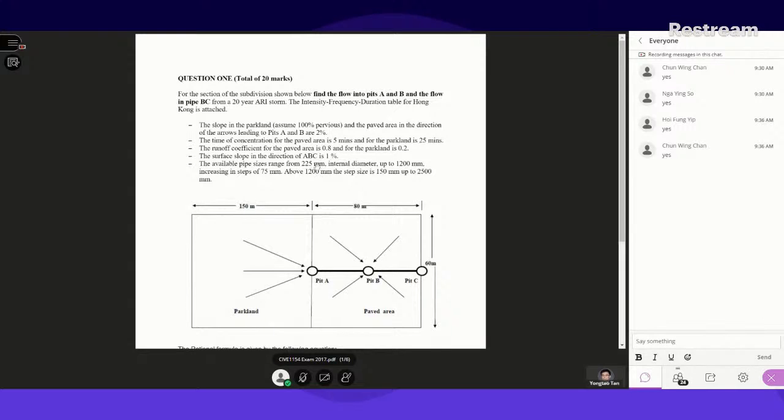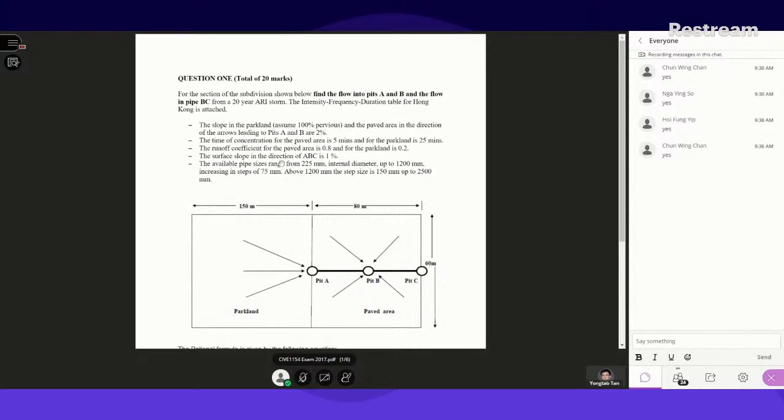Also more information: 100% pervious for the parkland, and the paved area in the direction of the arrow leading to pit A and pit B, and the slope is 2%.